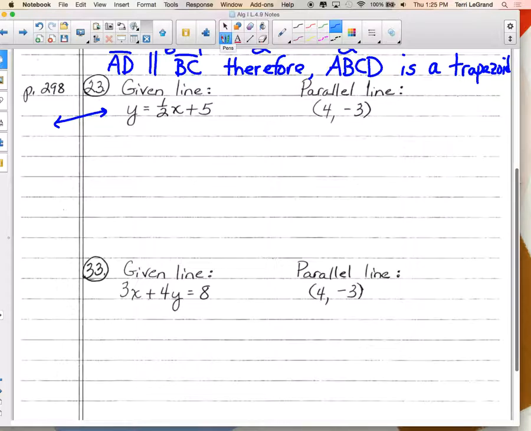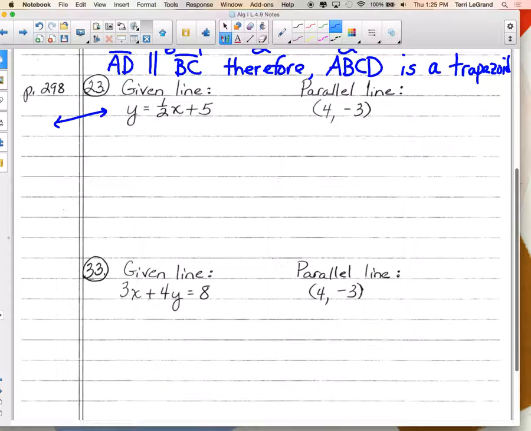Okay, so now I need you to make the connection. I need you to hear me on this. Here's what you're doing in this section. You're not going to be graphing in your homework. You're not going to have the graphing calculator. But the instructions tell us to find the equation of the line parallel to the given line. This is the given line you just graphed. We need a line parallel to that one, but there's a little catch. It can't be just any line.